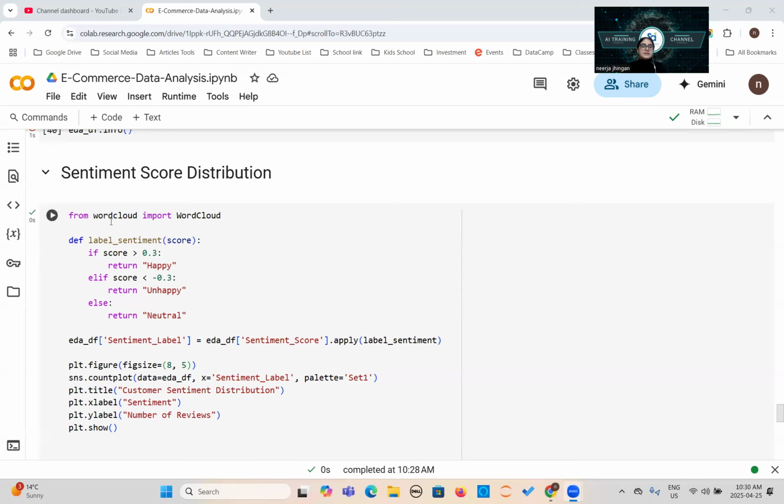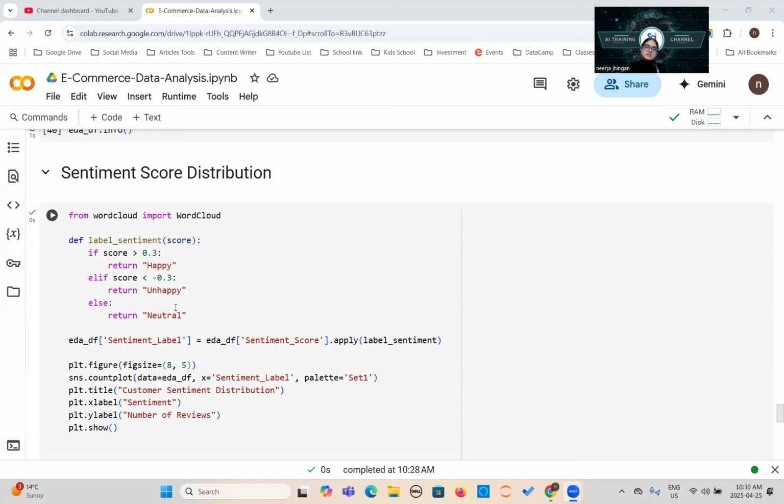We will import the package word cloud, and then I am labeling my sentimental score based on a threshold value. If the sentimental score is above 3, it should say customer is happy. If it is less than or equal to -3, unhappy, and otherwise neutral. So I have divided it this way.